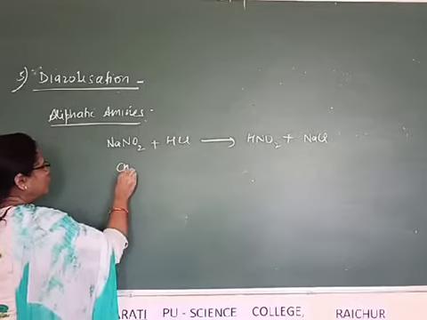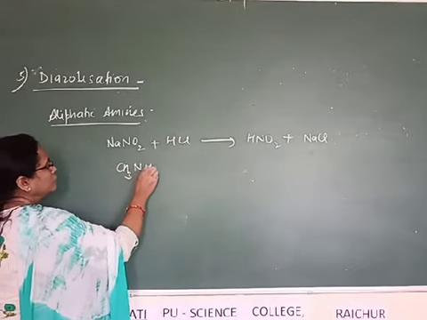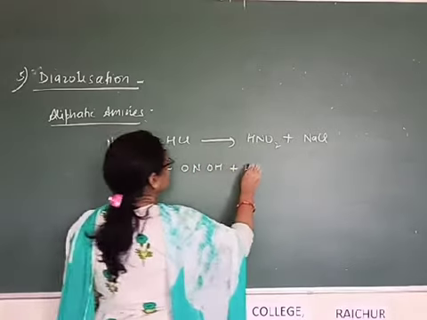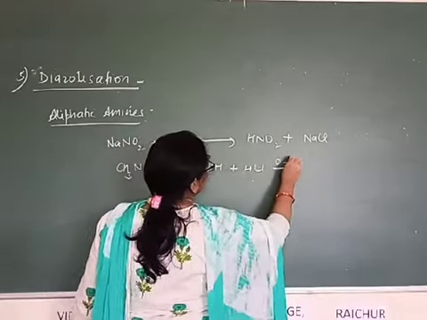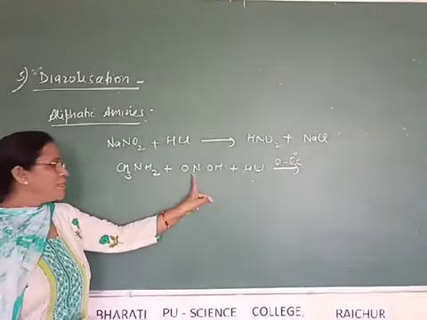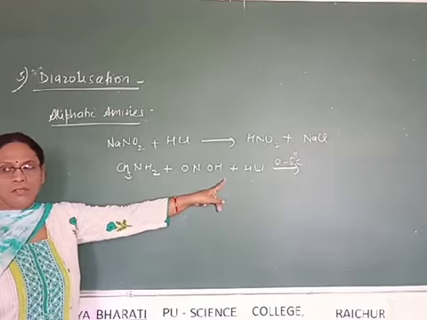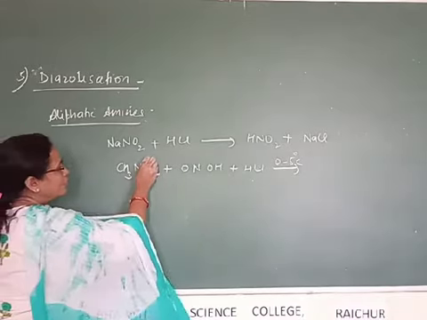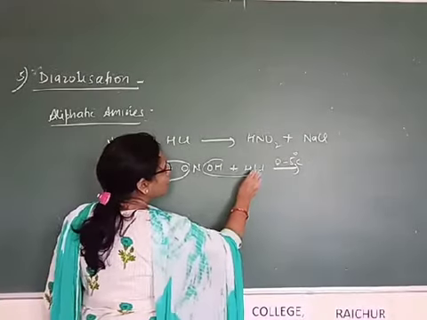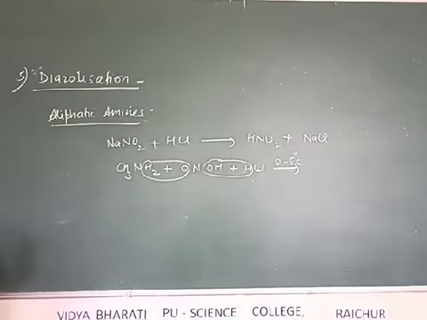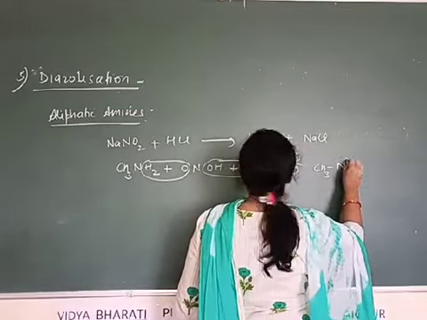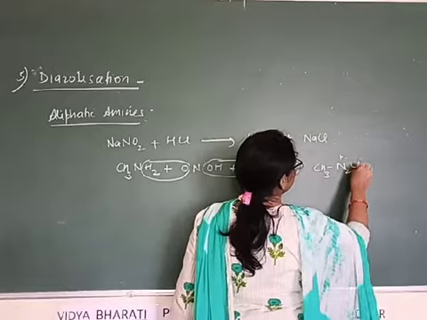Now the aliphatic amine, when it is treated with this nitrous acid, I have written ONOH, plus HCl, then one water molecule from here and one water molecule from here will be released, and you will get CH3N2+ Cl-.